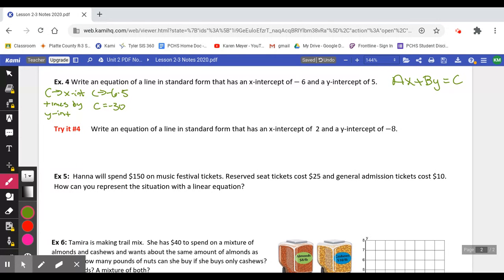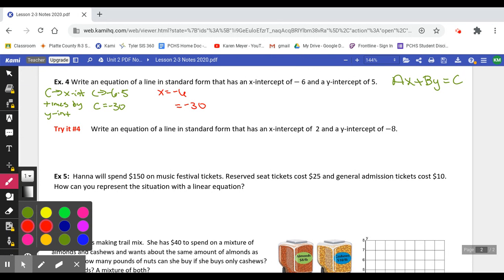Okay, so if I want the x-intercept to be negative 6, so if I want x to equal negative 6, then if I look at this, I know right now ax would equal negative 30. Because remember, if you plug 0 in for y, that makes the y part go away when you're trying to find the x-intercept.